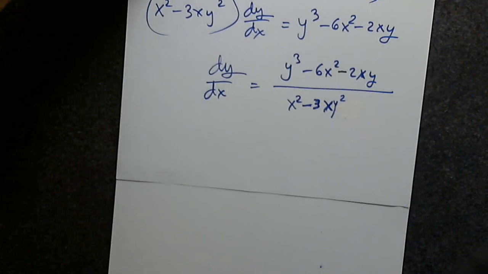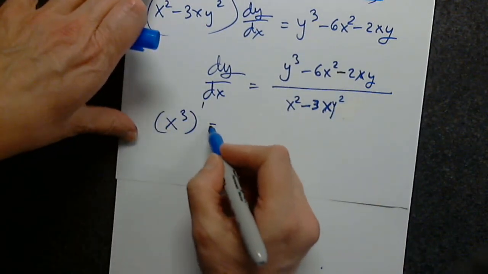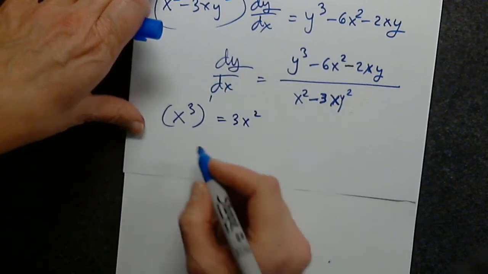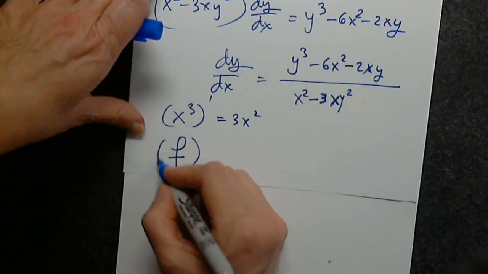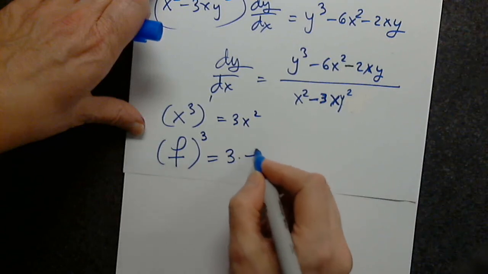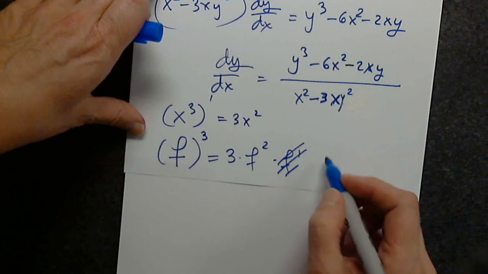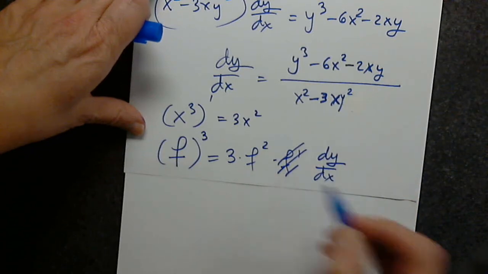So here's, let me show you two examples. When I differentiate y cubed, I get 3 y squared. When I differentiate a function to the third power, denoted by anything, by y, by h, by you name it, any function to the third power, I have to write 3 times f squared times f prime. That f prime is denoted by dy over dx instead of f prime.